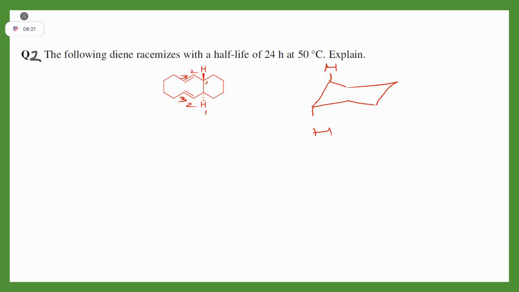We can draw another chair also. One thing is clear from here that it is a sigmatropic rearrangement. And we know that the stereochemistry of Claisen or Cope rearrangement is decided by drawing both the dienes in your chair form, right? Sorry for this.